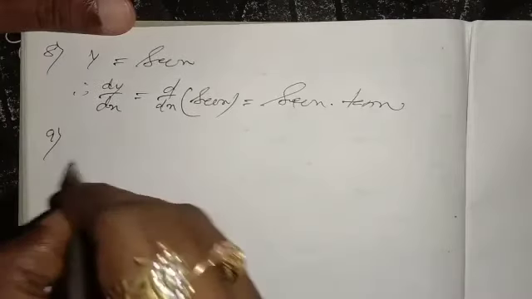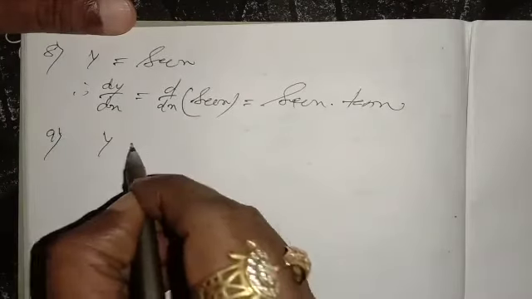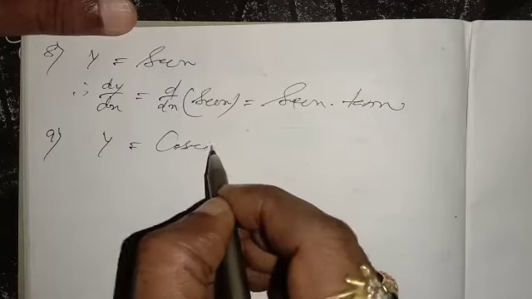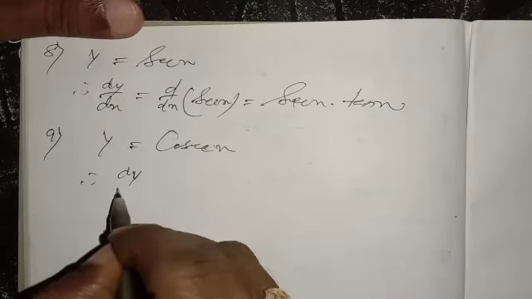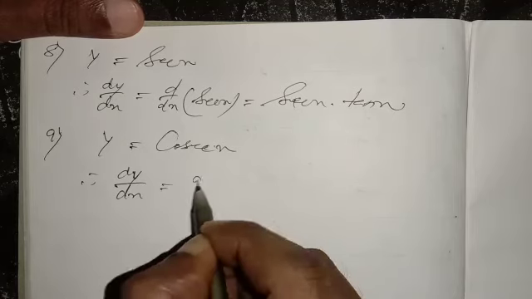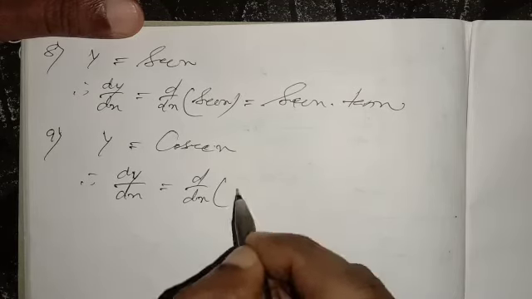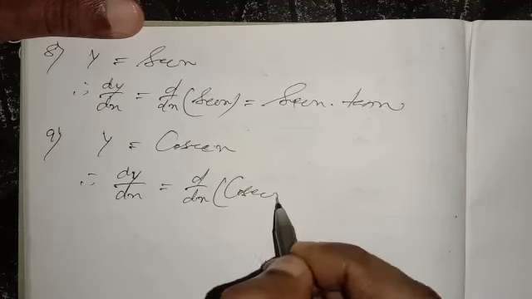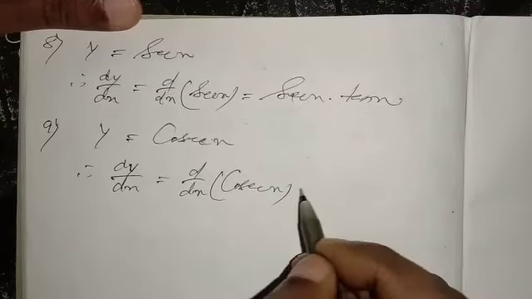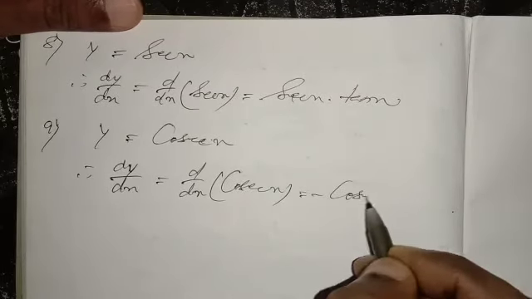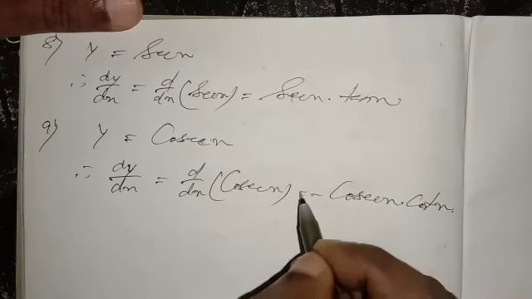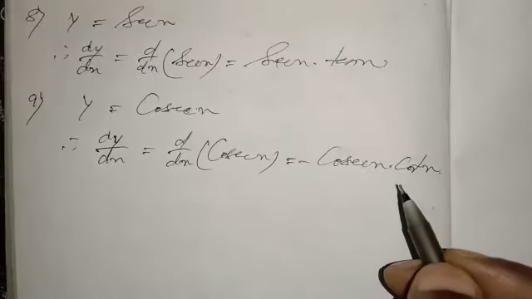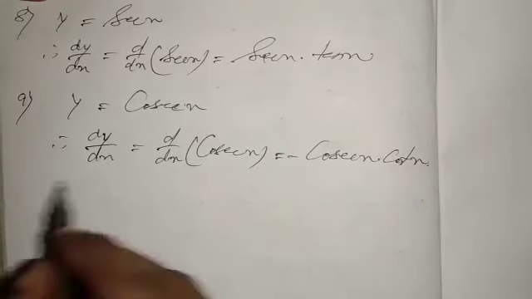Number 9, if y is equal to cosec x, therefore dy by dx of cosec x, the derivative of cosec x is minus cosec x into cot x. In this way, all the theorem formulas for derivatives are clear.